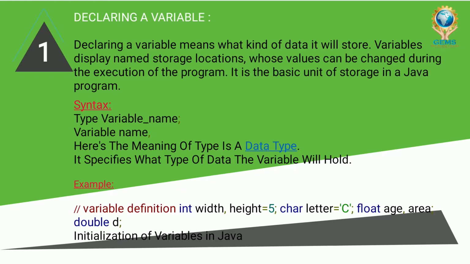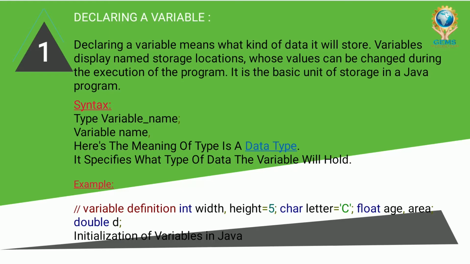Look at here, variable name. I mentioned many examples in this slide: int width equal to 5, int height equal to 10, char letter equal to C, float age equal to 25, area, double D. What is this?